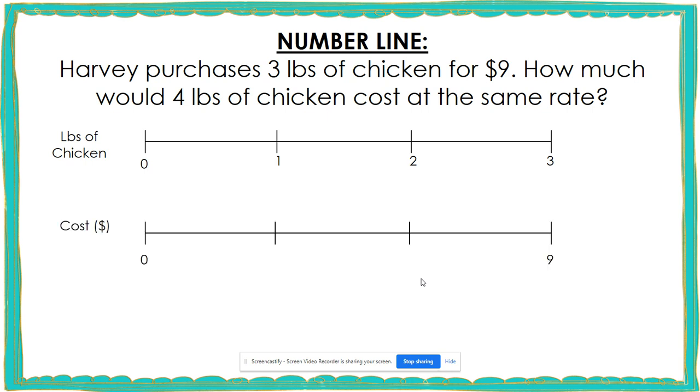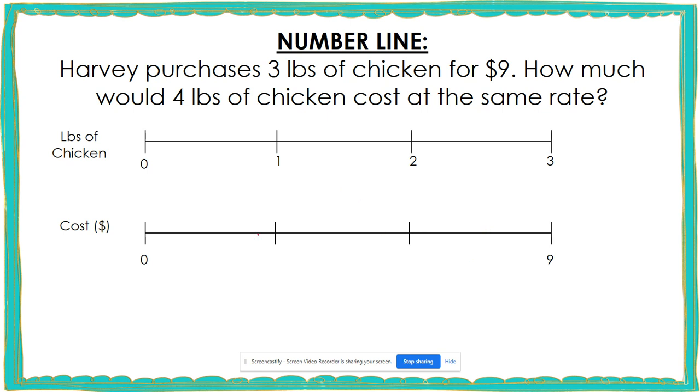And I don't know how much 1 or 2 pounds of chicken cost, but I do know that my 3 pounds of chicken cost $9. So my 3 would be right above my 9. If I look at my first number line, I notice that it's split into 3 equal pieces. So my second number line should also be split into 3 equal pieces.